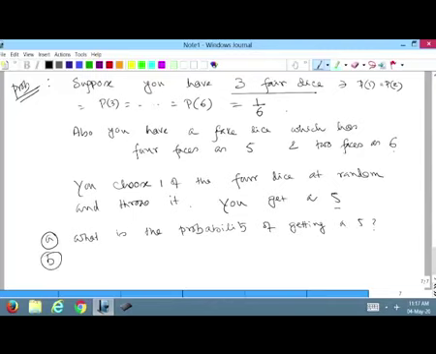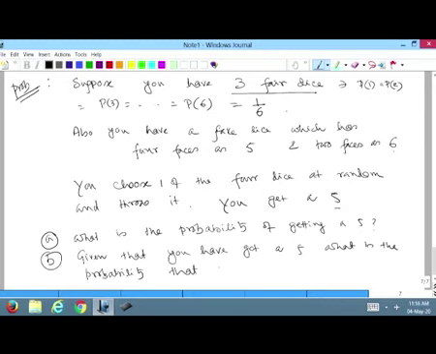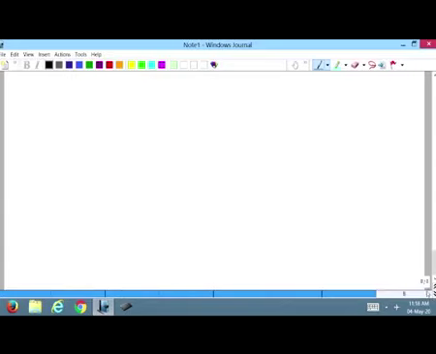And second question is, given that you have got a 5, what is the probability that you have chosen the fake die? So, I hope you understood the 2 questions. So, let us solve them.